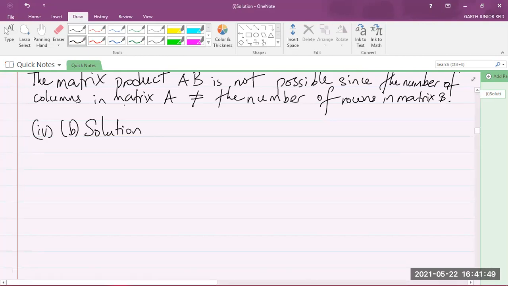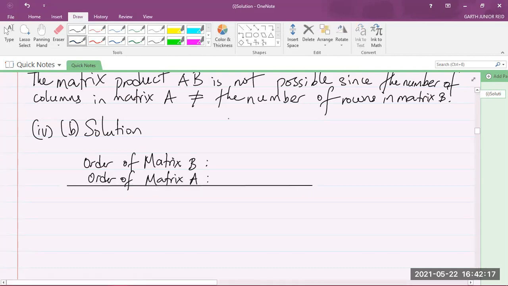So we're going to look at the order of matrix B and the order of matrix A. Sorry, B is first. The order of matrix B and the order of matrix A. That is what we'll be looking at here.